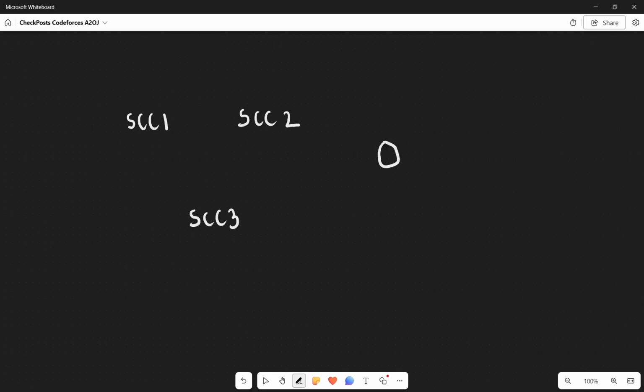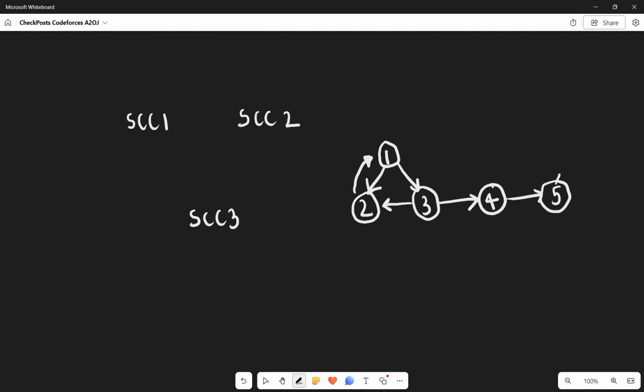Suppose here it is node 1, here it is 2, here it is 3, like this. Okay, and suppose here it was 4, here it was 5, and there was another triangle here. Suppose like this.